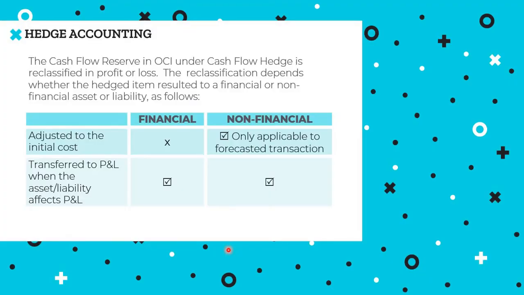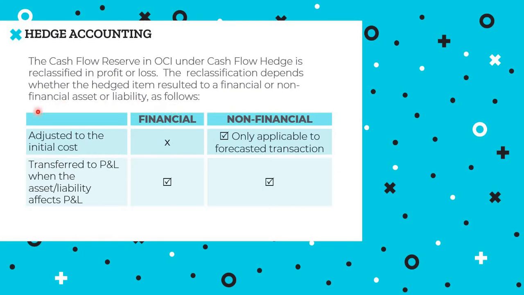So, meron tayong dalawang ways. Ang sabi rito, the cash flow hedge reserve in OCI under cash flow hedge is reclassified in profit or loss. The reclassification depends whether the hedge item resulted to a financial or non-financial asset or liability.